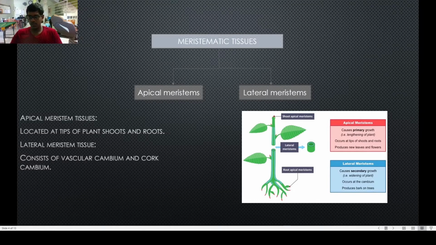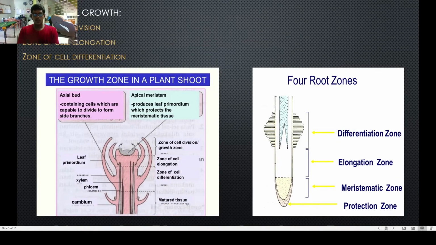In this diagram here, there are the shoot, stem and root. Okay, for the zone of cell growth, there are three components which are zone of cell division, zone of cell elongation, and zone of cell differentiation. In the diagram below, there is the tip of the shoot, and the other diagram is the tip of the root. For the shoot, it starts from the top to bottom.